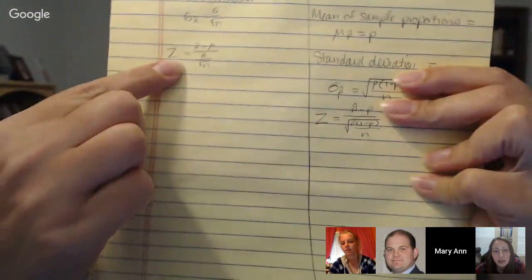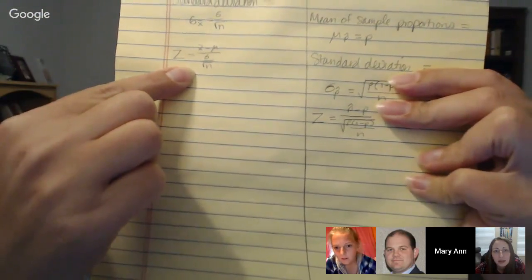So you have the other one, the z formula with the big long one? Yeah. Just take out the bottom part because you already did that to find the standard deviation. So take out the bottom part and put in 0.011.